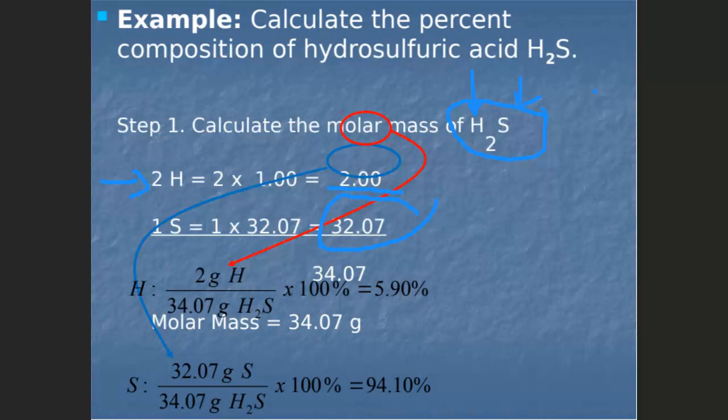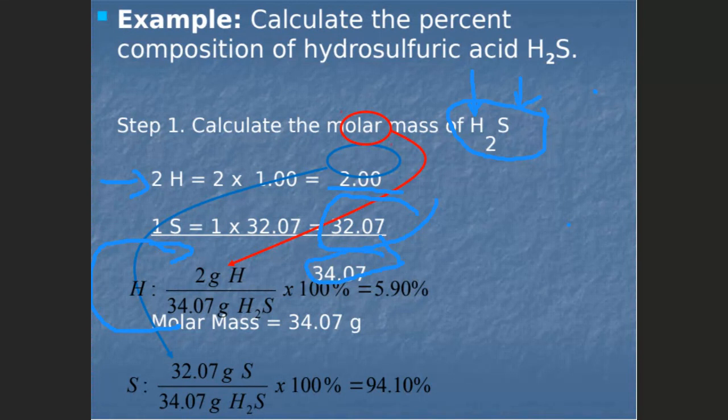The 34.07 you are watching here is actually the total molar mass. For the formatting, it just came down and the black one went up. So please do not be confused.